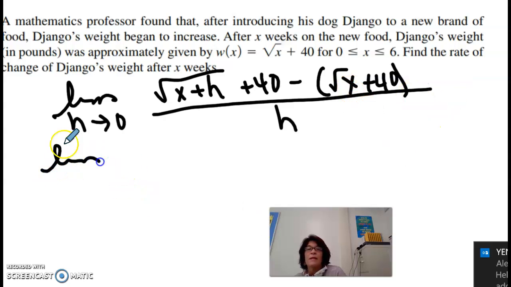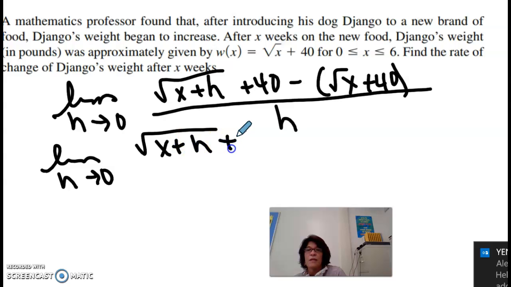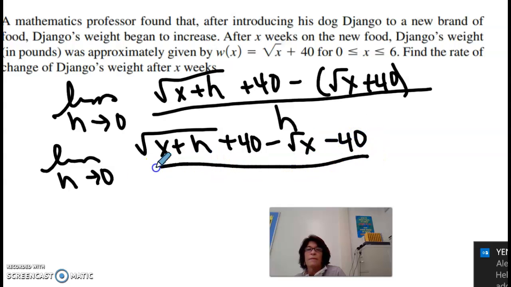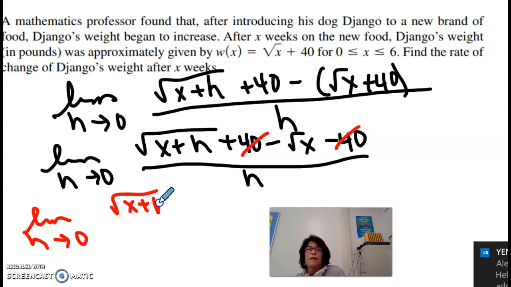So now I have the limit as h approaches 0 of the square root of x plus h plus 40 minus the square root of x plus 40 all over h. Well, it's nice that those numbers go away. The limit as h approaches 0 of the square root of x plus h minus the square root of x all over h.